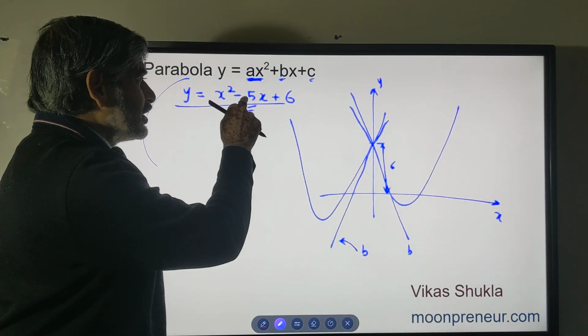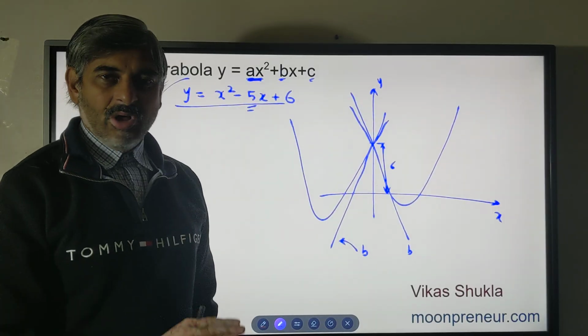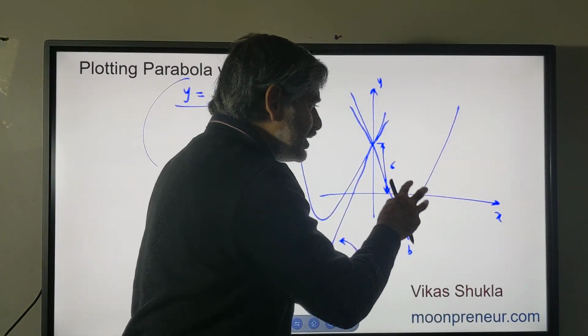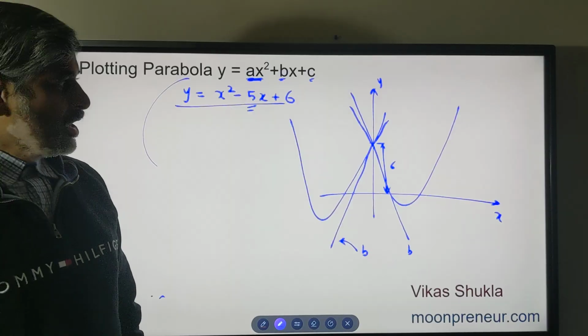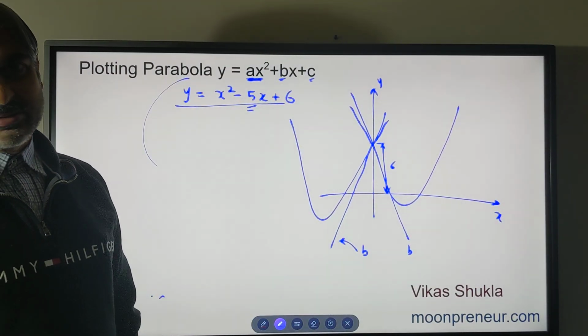In this case, the slope is negative, and that is possible only when this is the curve. So the curve has to be shifted towards the x-axis.